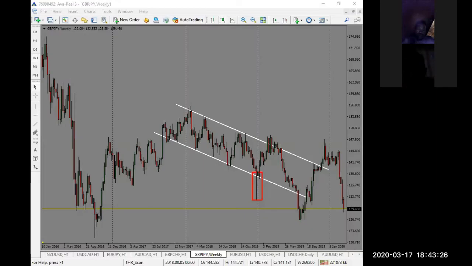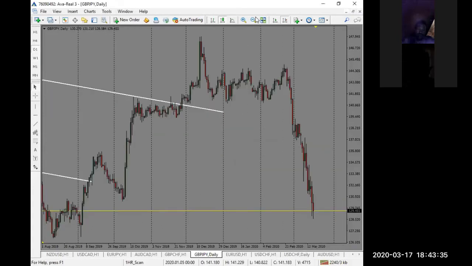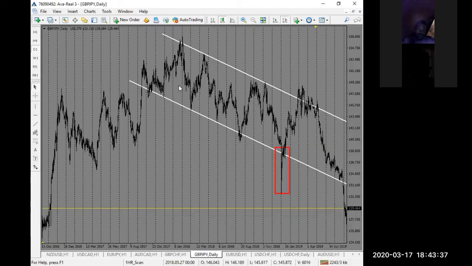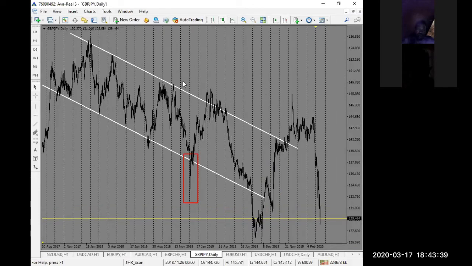So now when you're looking at the chart as it is, that looks a whole lot better than how we initially had it on that daily time frame, where the rules say you're supposed to take it from that highest candle, from the highest point, and then slant it down a bit.